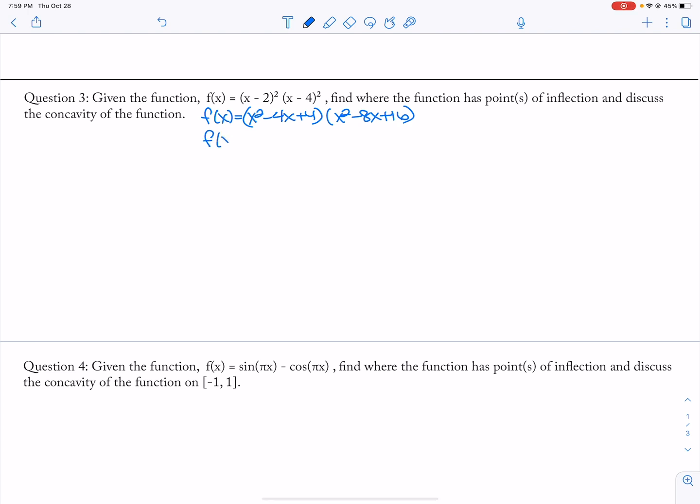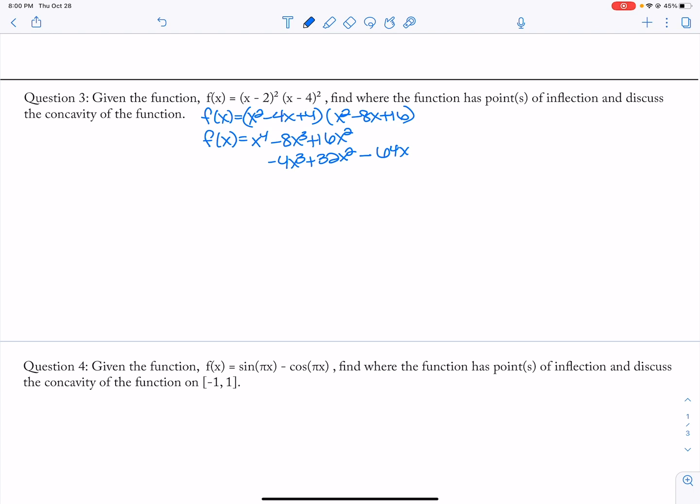So f of x is x to the 4th, minus 8x cubed plus 16x squared, minus 4x cubed plus 32x squared, minus 64x.